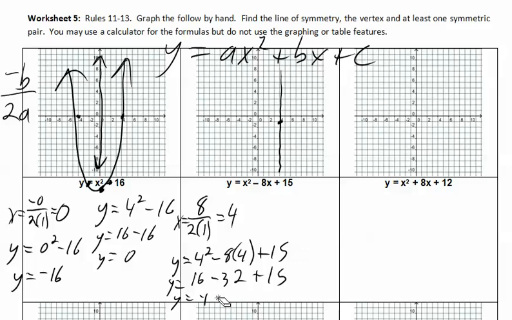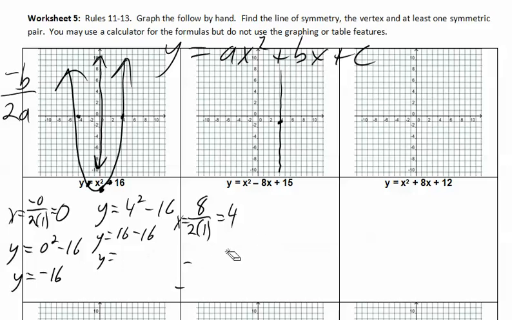And I'm going to erase this, so I have a little more room. I hope you've got it. I'm going to pick 2, just because I think that looks pretty easy. So I have y equals 2 squared minus 8 times 2 plus 15. You can just plug that all into your calculator, but it's 4 minus 16 plus 15 is 3.